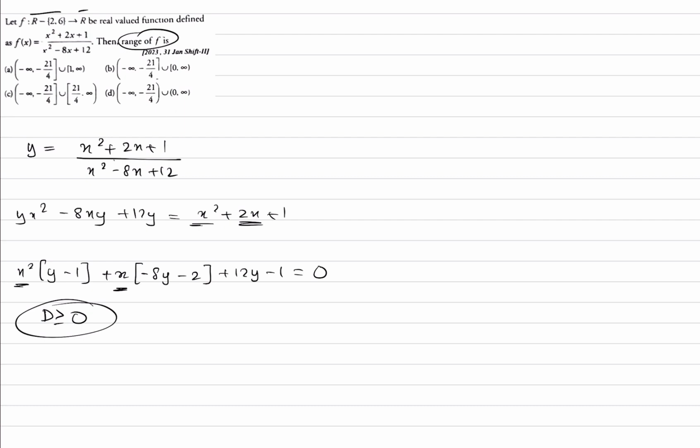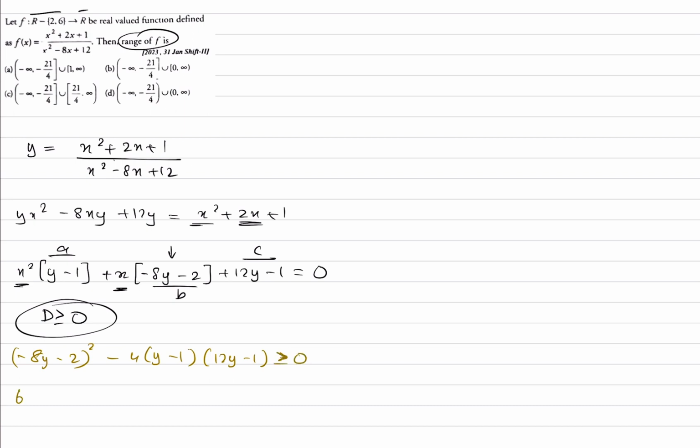And what is the discriminant? B square minus 4ac. This is b, and this is a, and this is c. And when you use all these things, we will be getting it as (minus 8y minus 2) the whole square minus 4 into (y minus 1), that is a, into (12y minus 1). Okay, this should be definitely greater than or equal to 0.